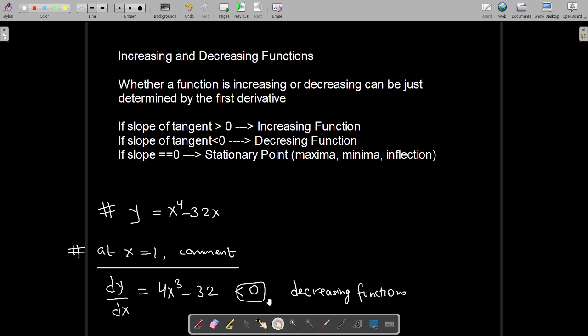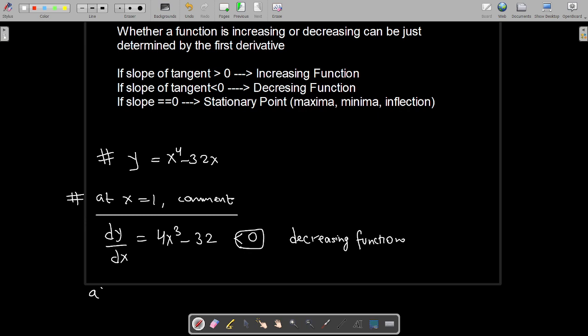What about at x equals 3? It's going to be increasing.